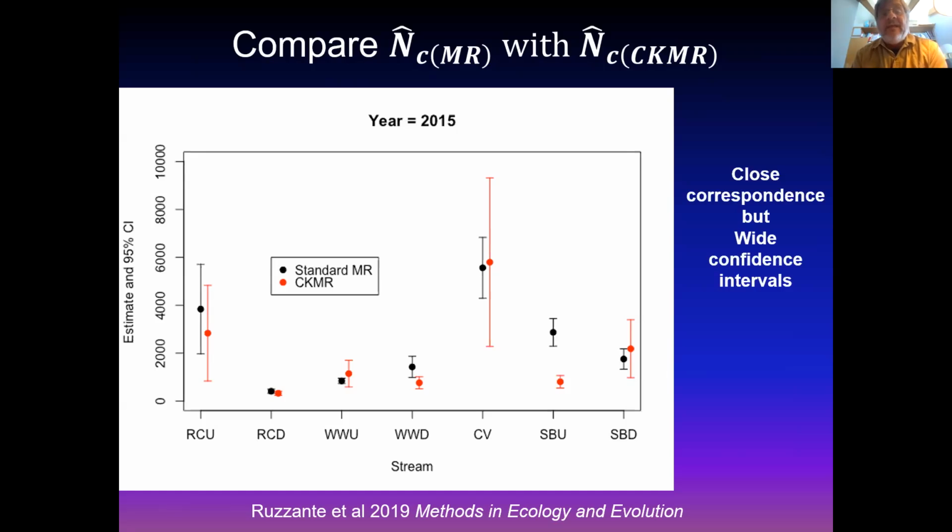That's not true in all cases. And there was one case where there was no correspondence between the 2 estimates. And U here stands for upper. This is Solnitz Brook, the upper part of the stream, so above the waterfall.